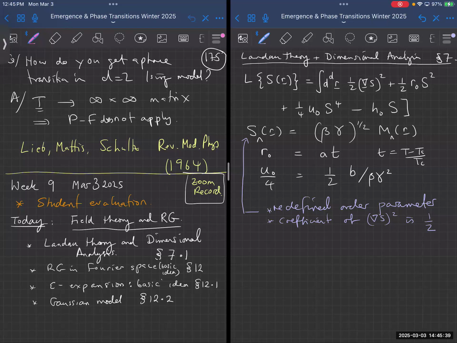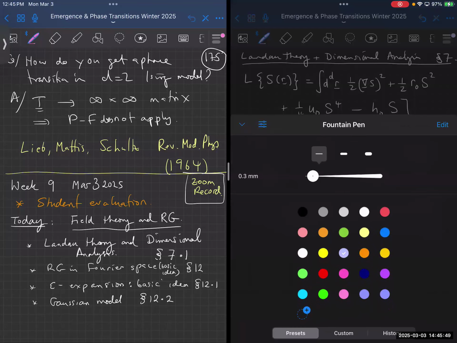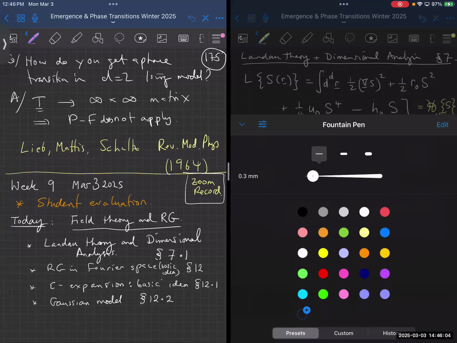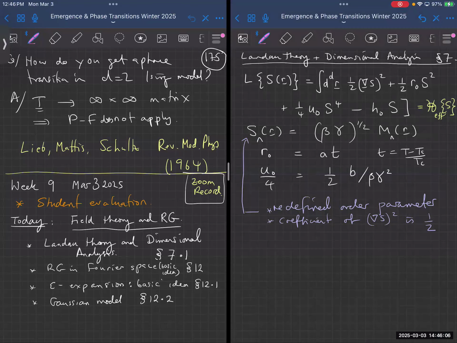So that's the partition function, and I'm going to call this thing the effective Hamiltonian. I'm going to write this as H effective of S like that, and then if I want to compute anything, what I have to do is compute the partition function.